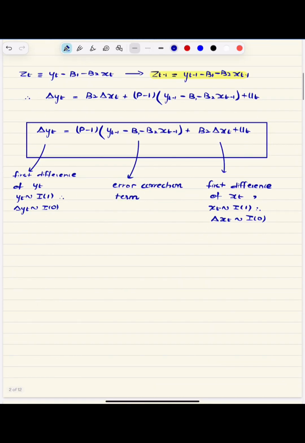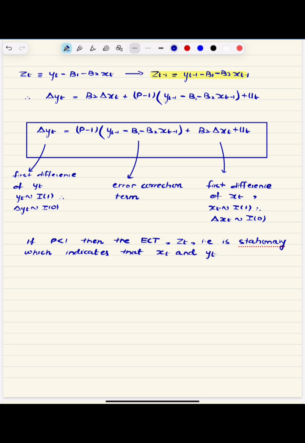So if the value of rho is less than 1, then the error correction term, denoted by zt, which is basically the linear combination of y and x, is stationary, which indicates that x and y are cointegrated.